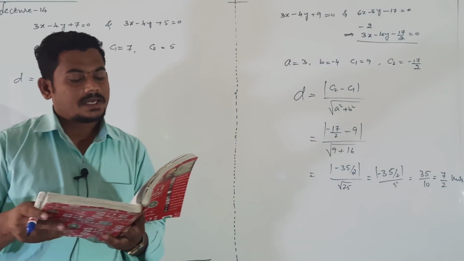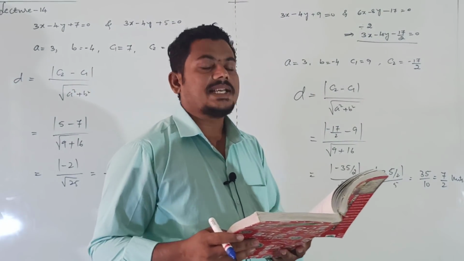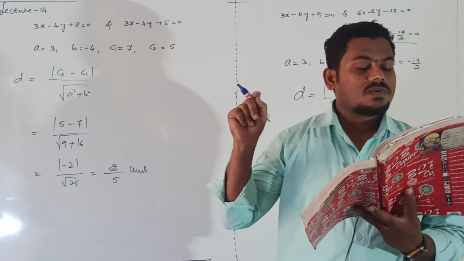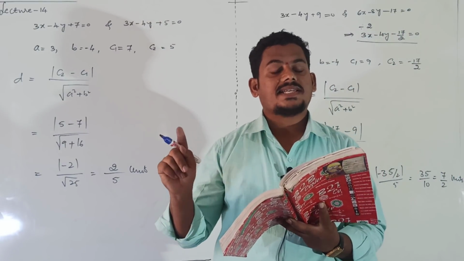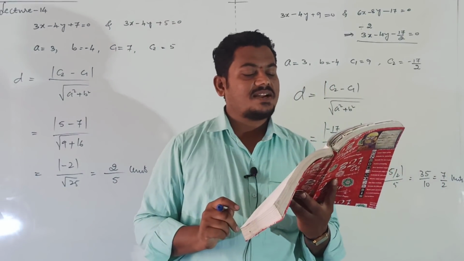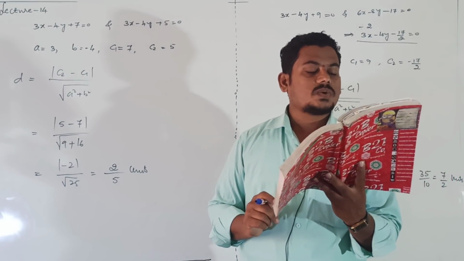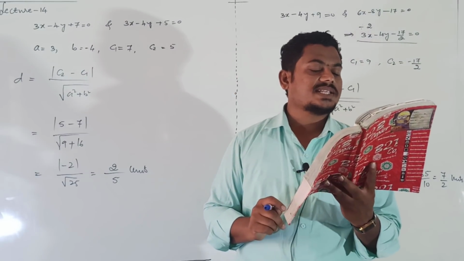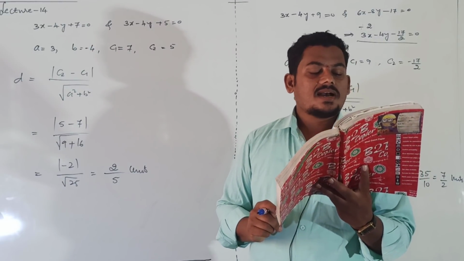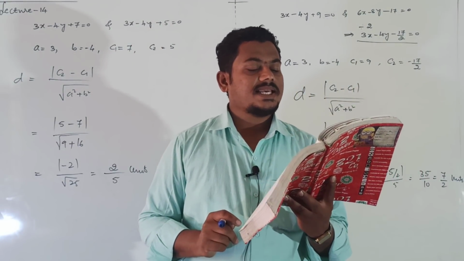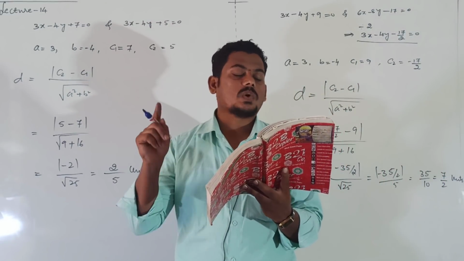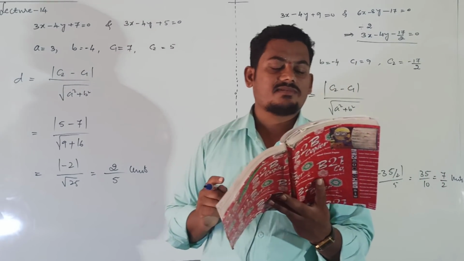Next problem: question number 16 in exercise 10.3, it is a very, very important 5 mark question, right? If P and Q are the lengths of perpendicular from the origin to the line x cos theta minus y sin theta equal to k times cos 2 theta and x secant theta plus y cosecant theta is equal to k respectively, then prove that p square plus 4q square is equal to k square, right?